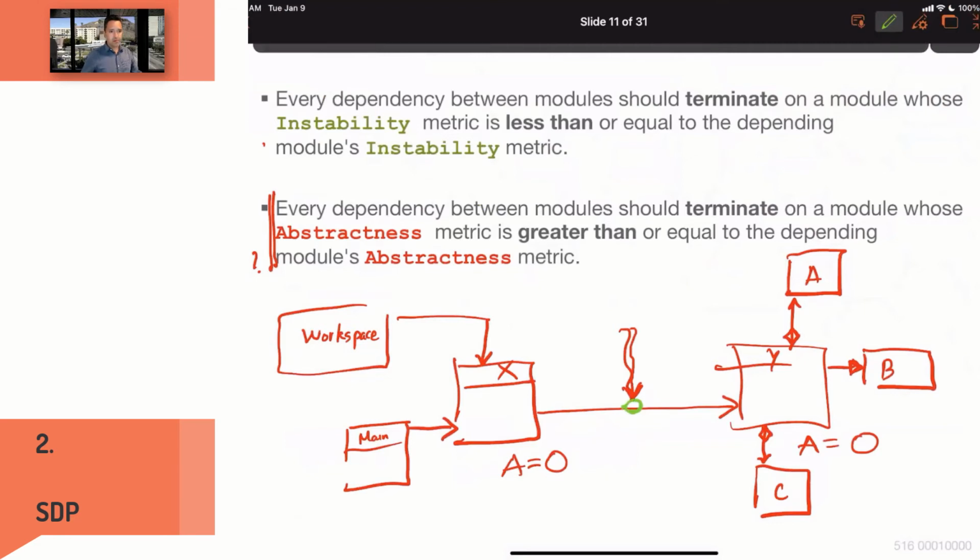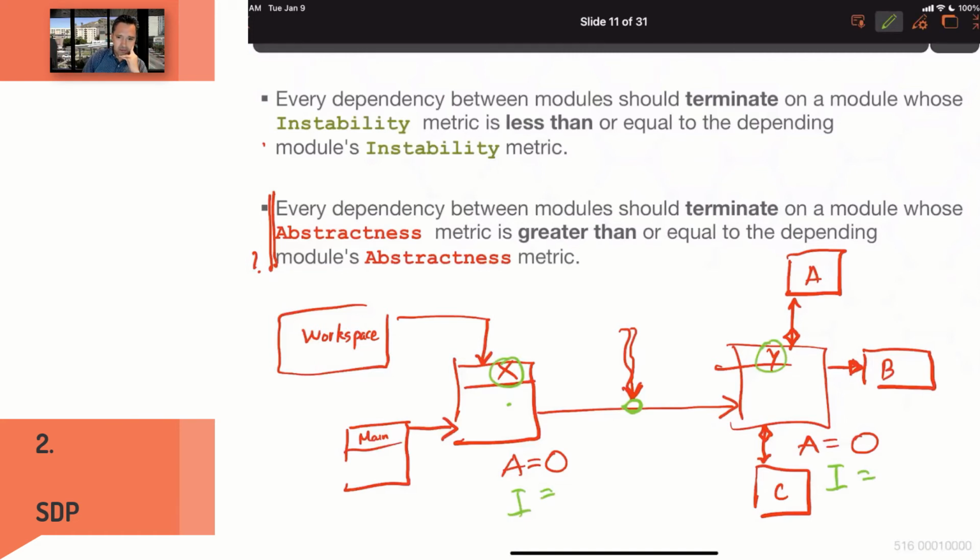And you are telling me no. And if I ask you why, and we only trust in the diagram and in our knowledge of UML, well, it could be a good discussion here. But if we put numbers over the table and we understand these numbers, it's like, well, let's see. The problem here is the instability of this X and the instability of this Y. We need to calculate the instability of those two because those two are the source and the destination of the connection.